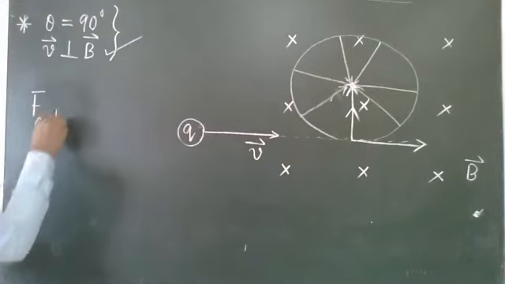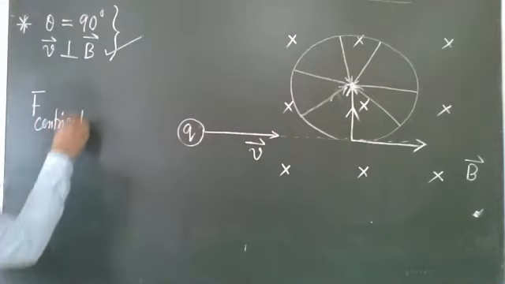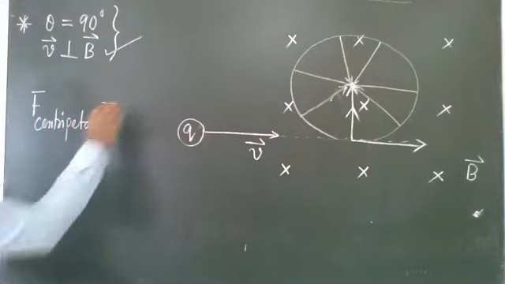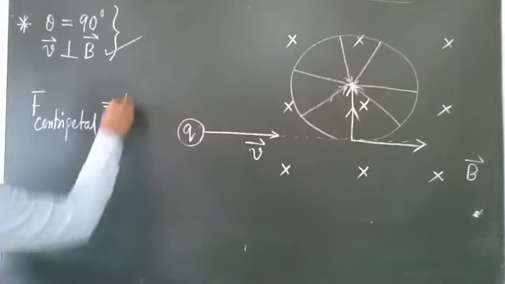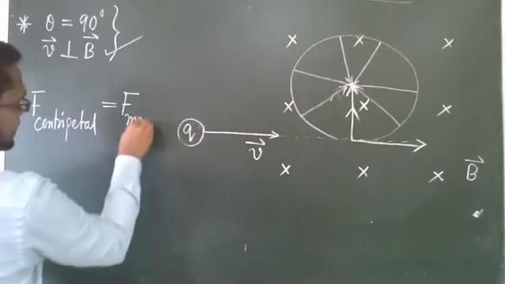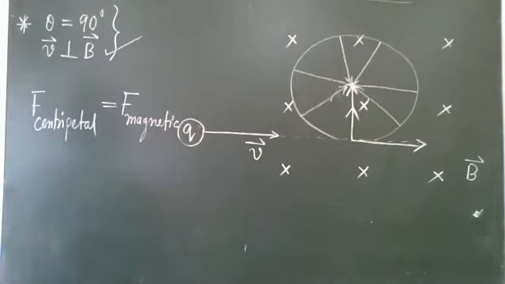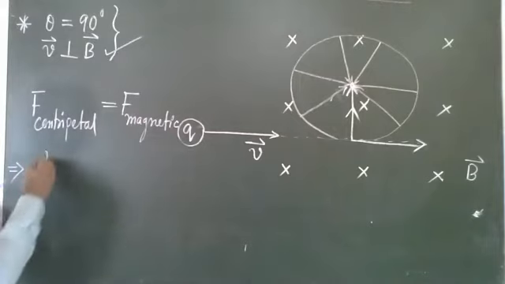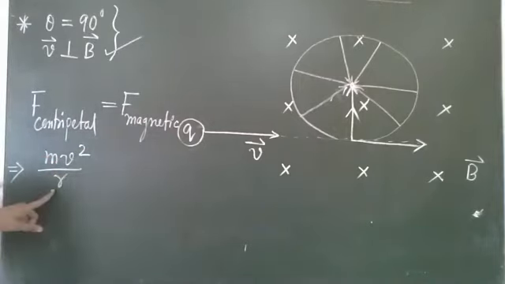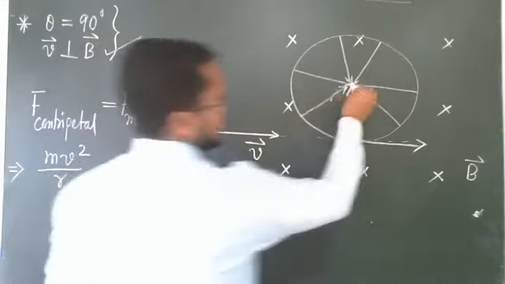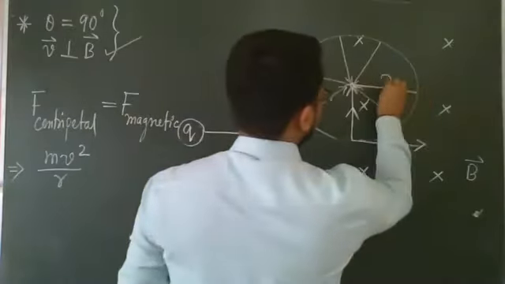The centripetal force will be provided by F magnetic, right? What is the formula of centripetal force? mv square by r. R is the radius.